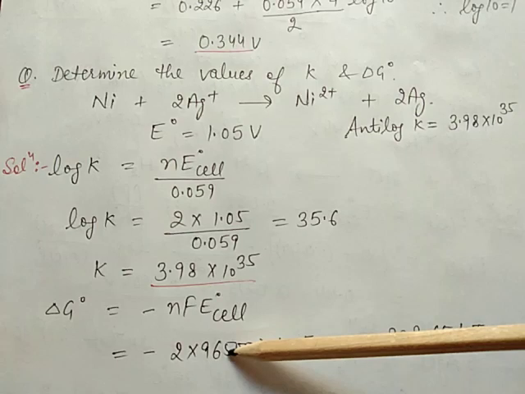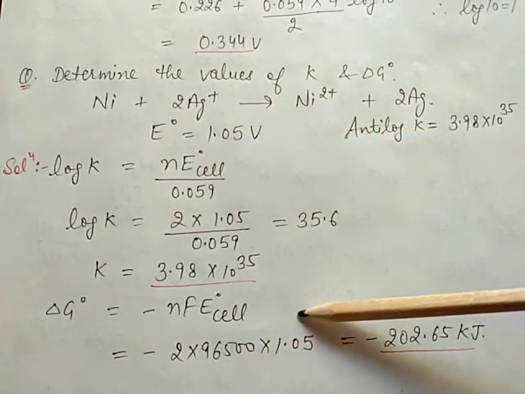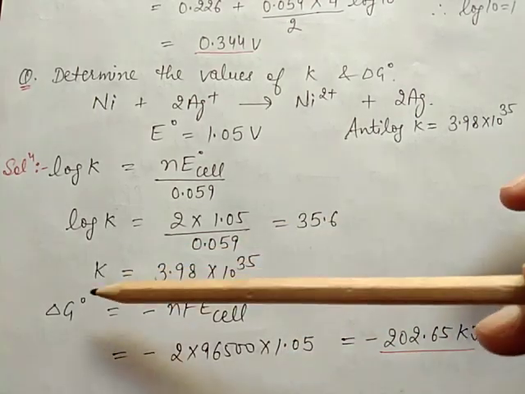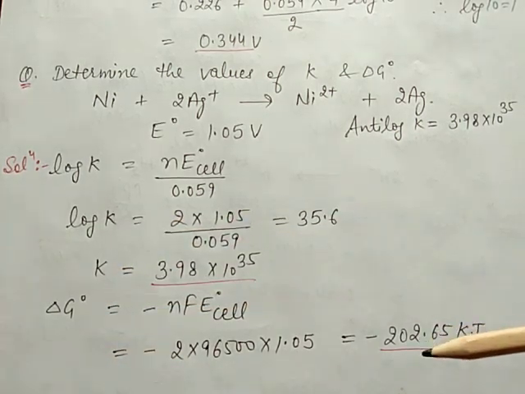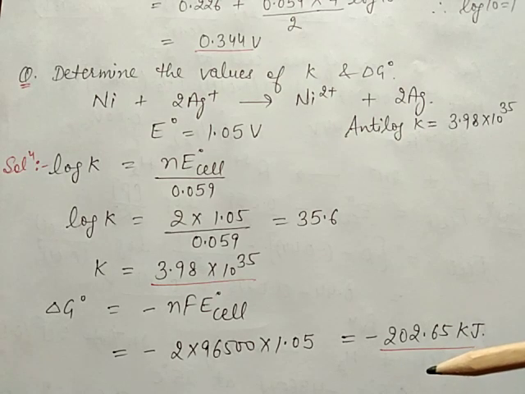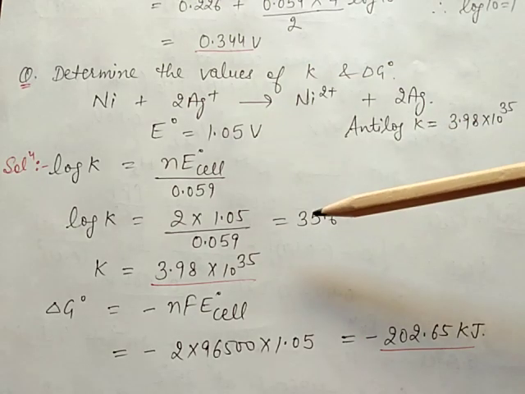F is the Faraday 96500 into E naught cell value given, 1.05, and after calculating, this is the answer, that is the Gibbs free energy, which has a negative sign, means this reaction is a spontaneous reaction, feasible reaction, workable reaction.